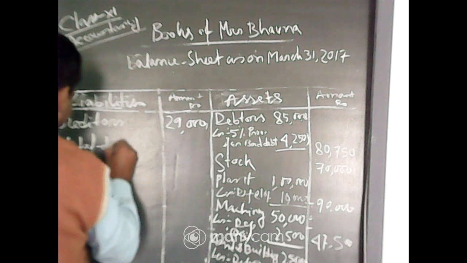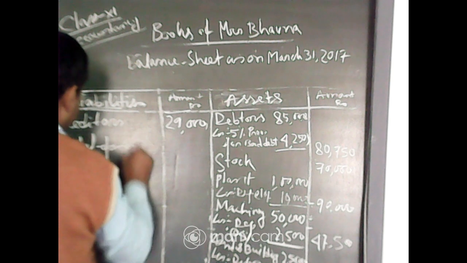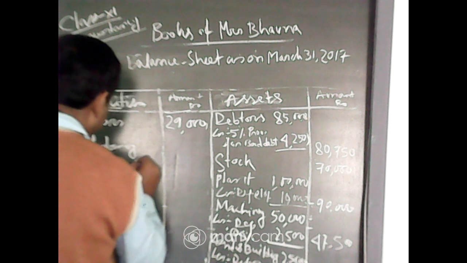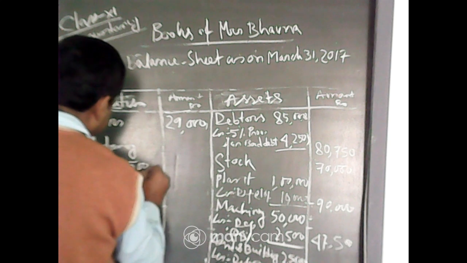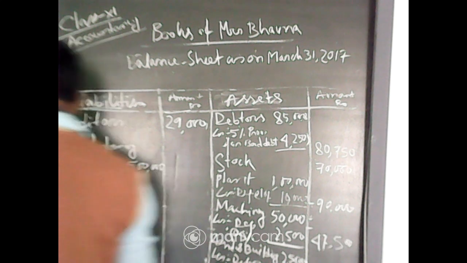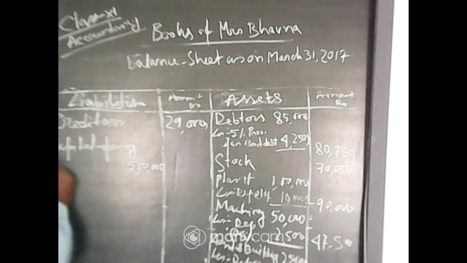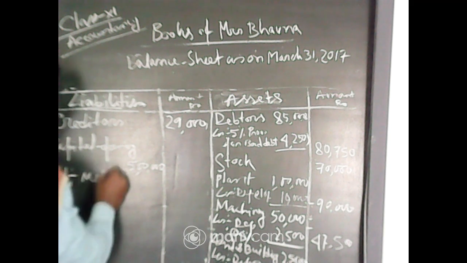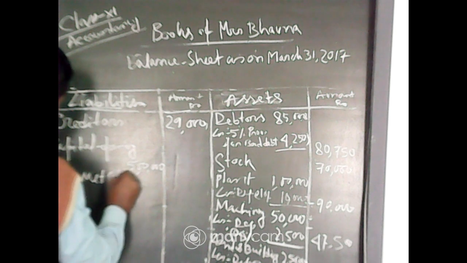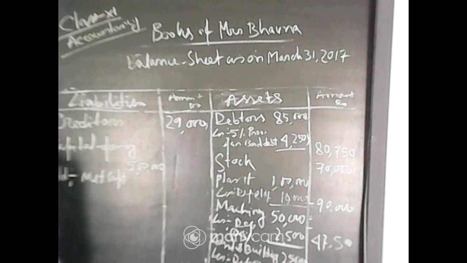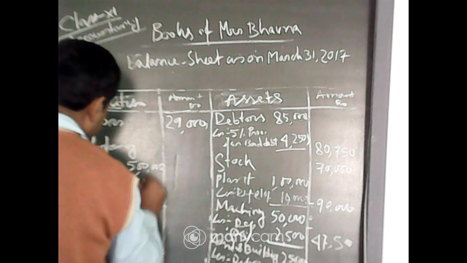Capital opening, you just write in the inner column, that is 5 lakh. Now add net profit, that we also revealed just now. Net profit is 41,250.